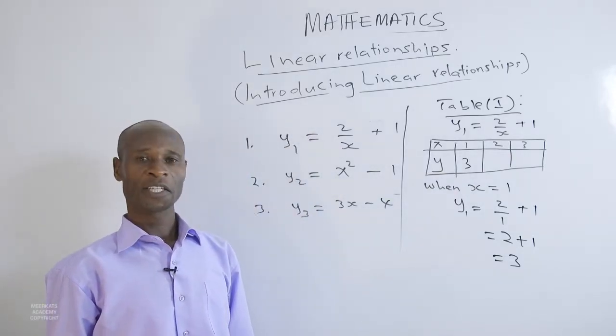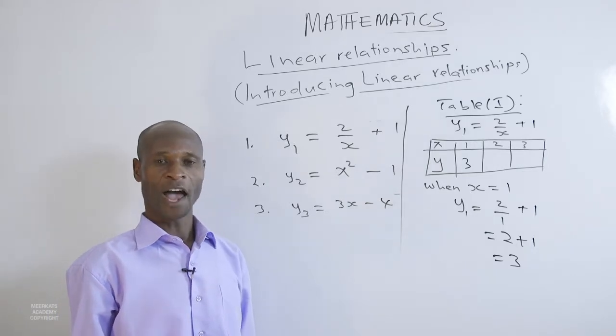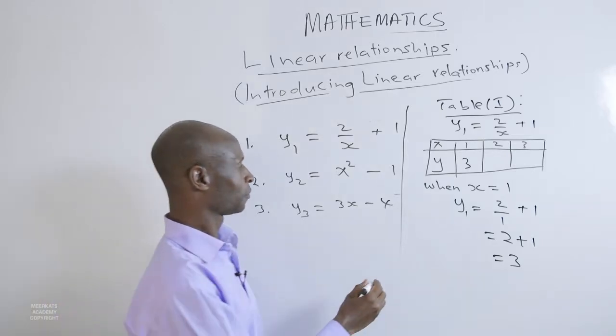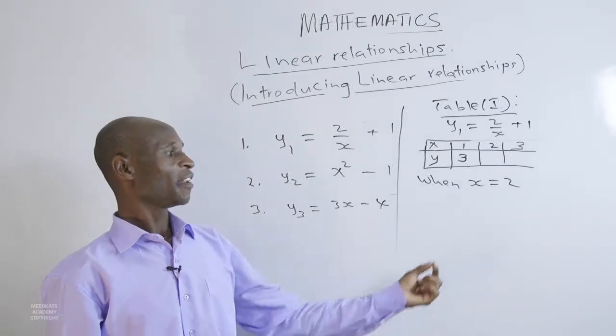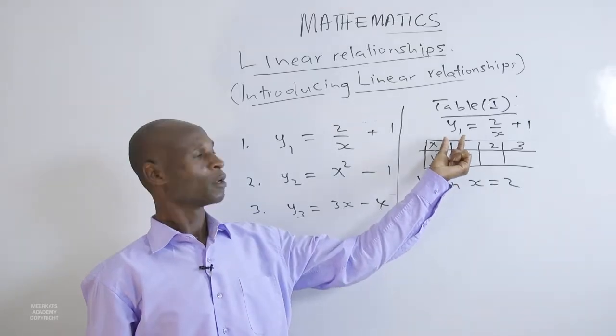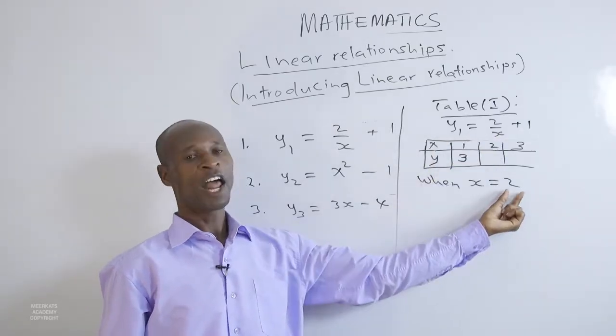Next, we consider a case where the x value is 2. What will be the y value? When the x value is 2, we substitute in our rule where there is x with the value 2.